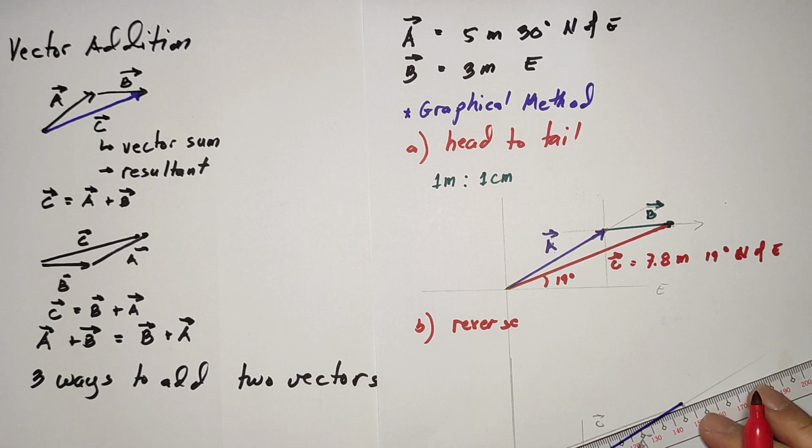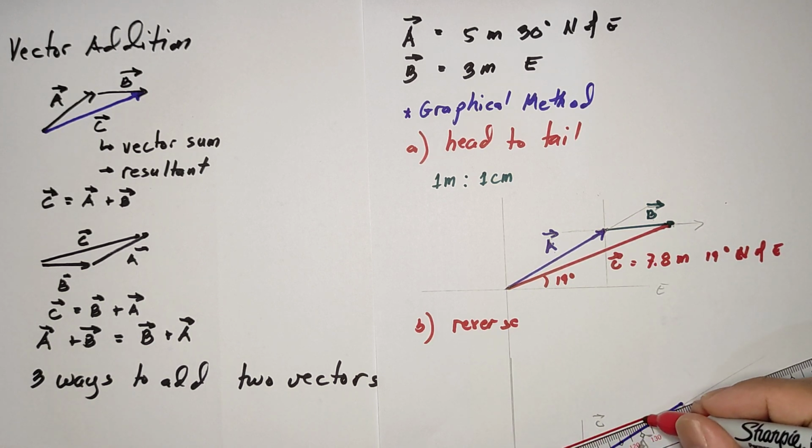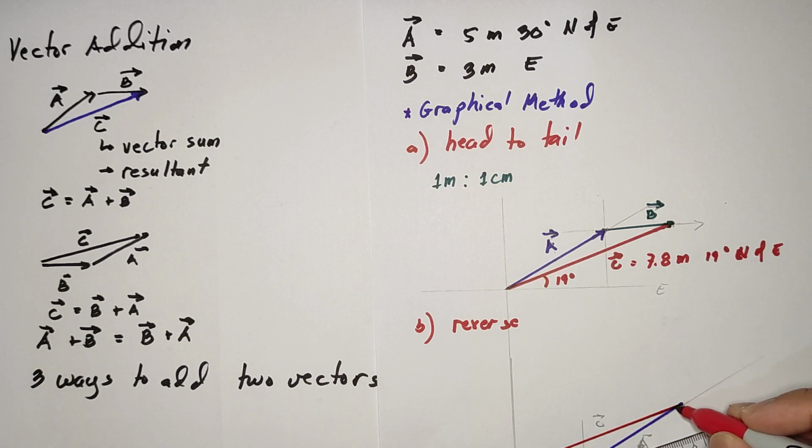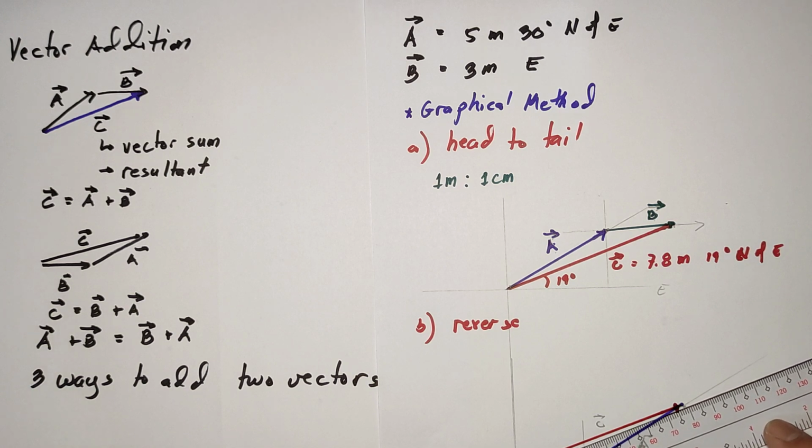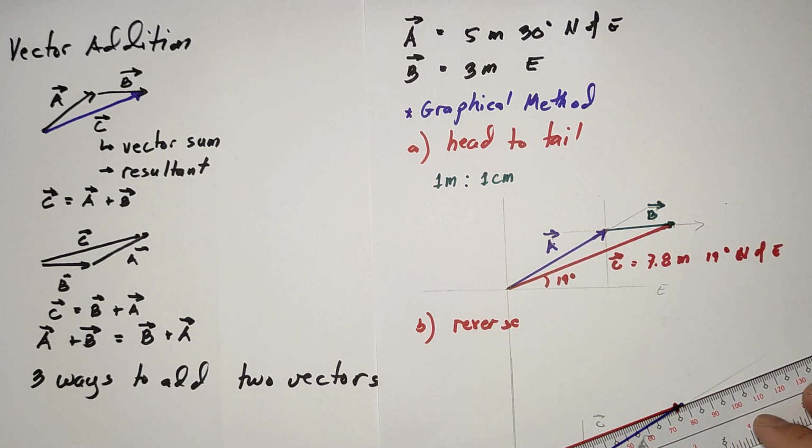Of course, this is not very accurate because we have a problem with something like that. Then we will measure it, approximately 7.5 to 8, and I guess this is now 7.8.